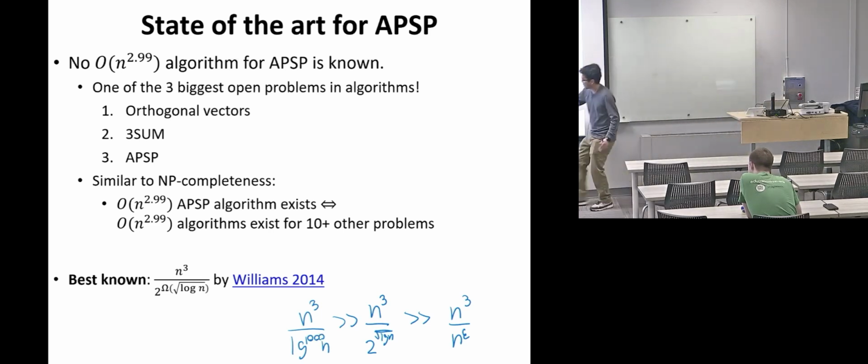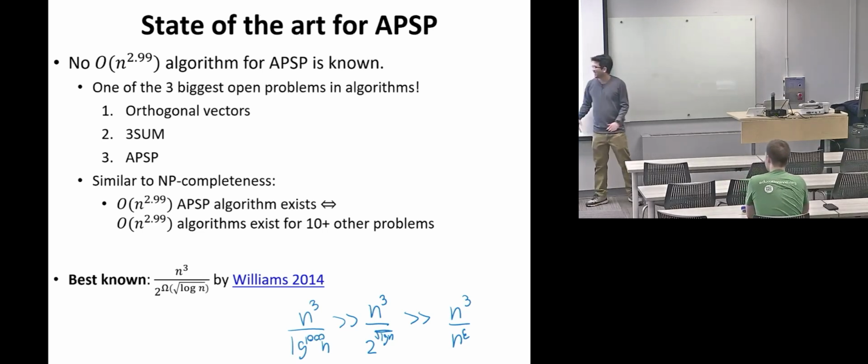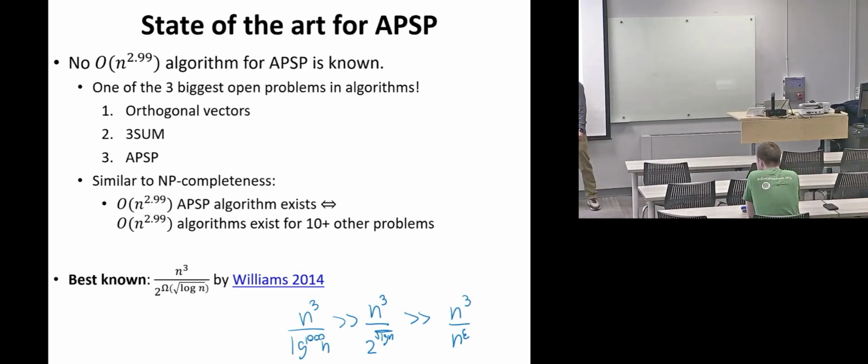Asymptotically this is way better. So it's faster than any improvement by polylog factors, but not as good as an improvement by a polynomial factor. This has been known for more than 10 years now. The idea is really cool, but not that easy. You can have a look.